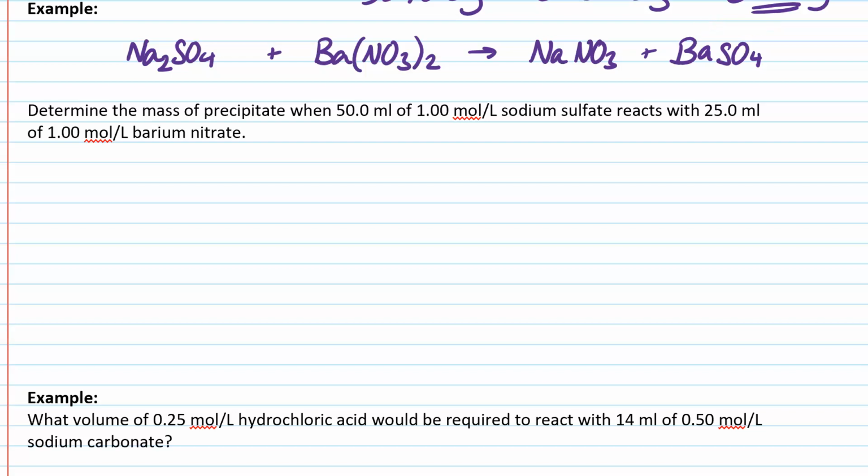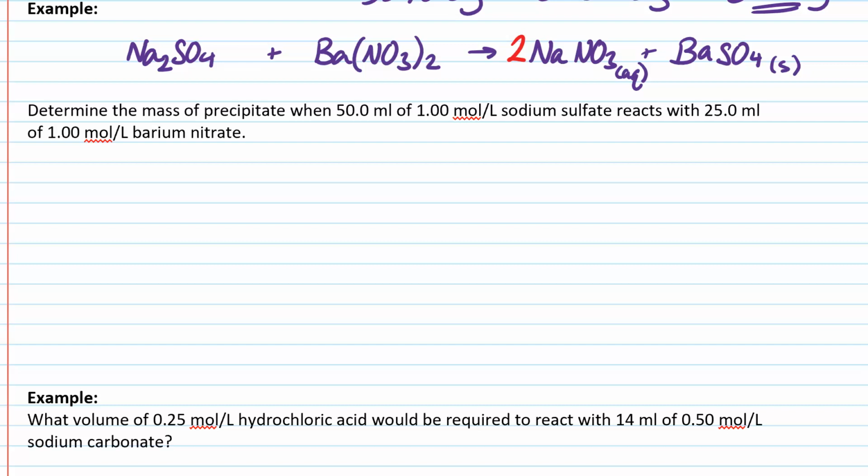And now it's time to balance the equation. We have 2 sodiums on one side and 2 nitrates on the other. If we just put a 2 in front of sodium nitrate, that takes care of our balancing. So what do we want to figure out? The mass of the precipitate. We'll use our solubility table, and we'll see that sodium nitrate is very soluble, barium sulfate is slightly soluble, so barium sulfate is your precipitate.